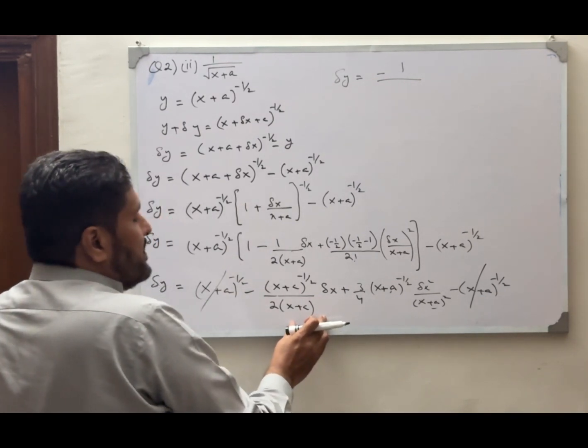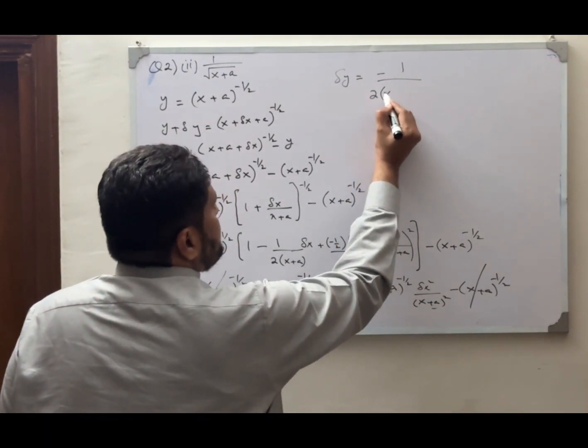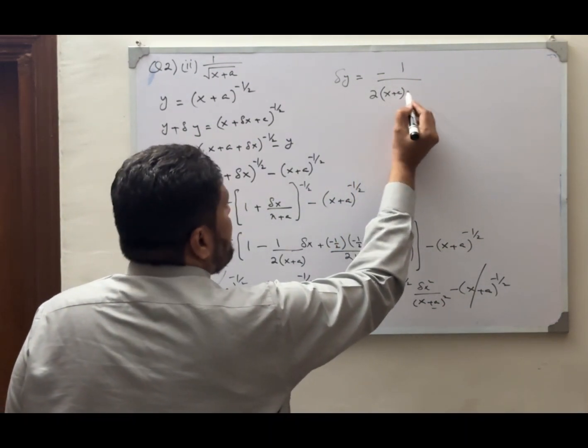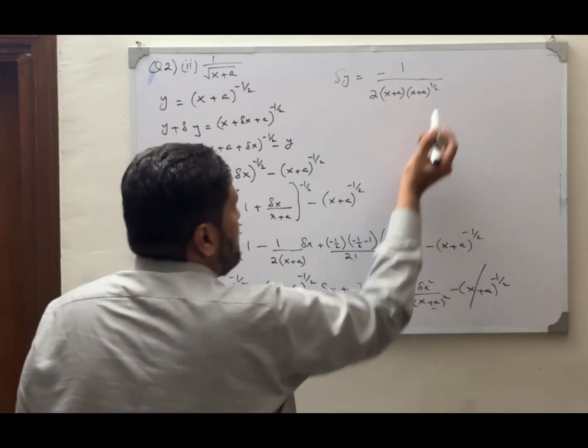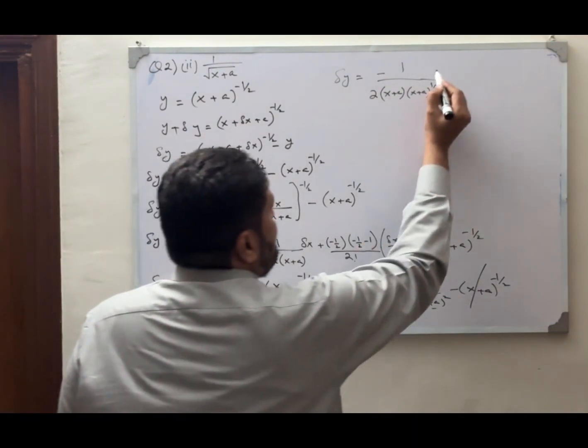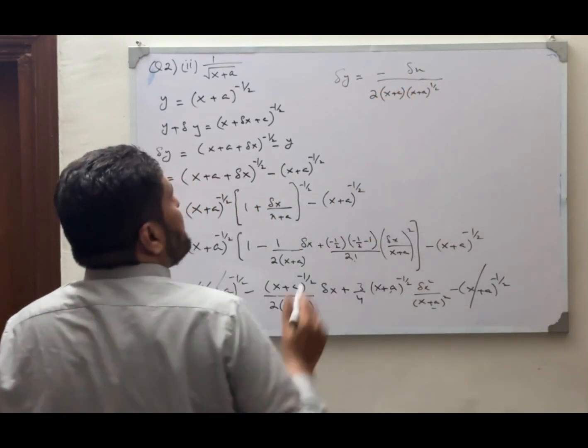So I am writing it in that way. So that will become minus 1 by 2 into (x + a) into (x + a) power 1 by 2. So I have combined both of them into, or I can say that this is delta x minus delta x.